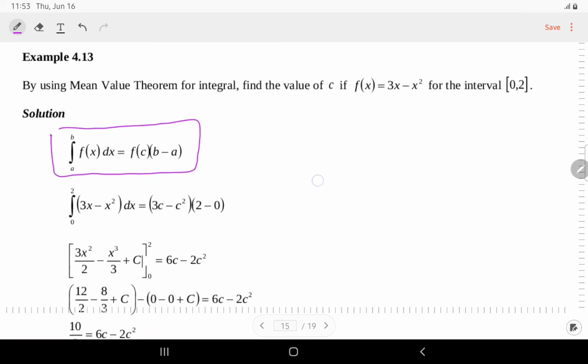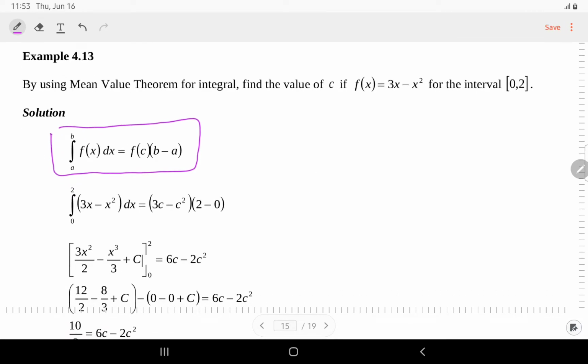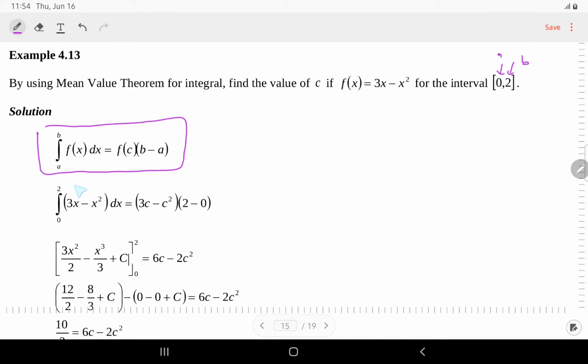How do we apply this formula? So a and b are these. This is our a and this is our b. So insert all the values. Our a is 0 and b is 2. Then insert the function 3 minus x square and dx.